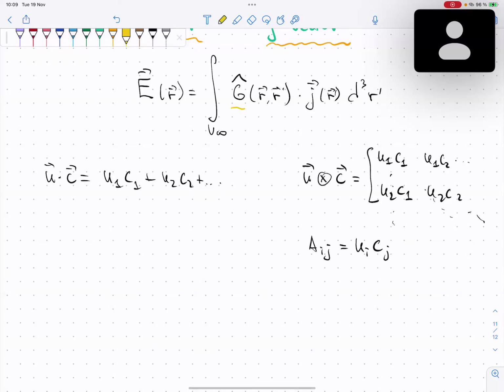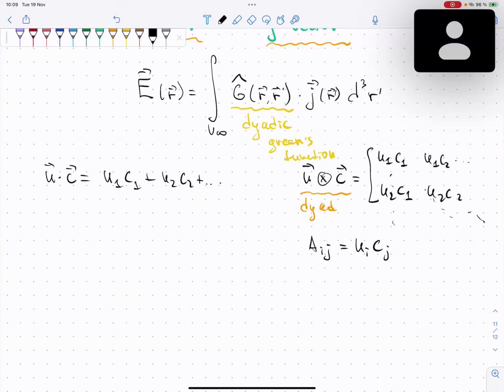So this is the dyadic Green function. And this is actually called a dyad, if I remember correctly in English.